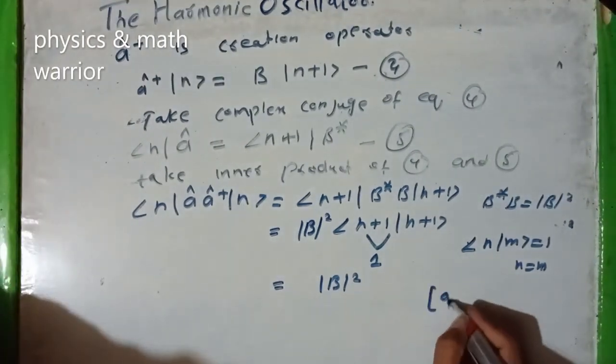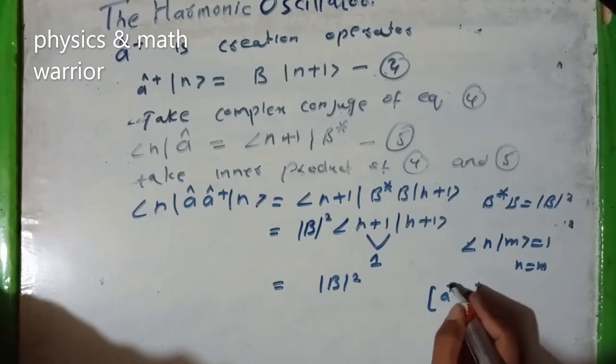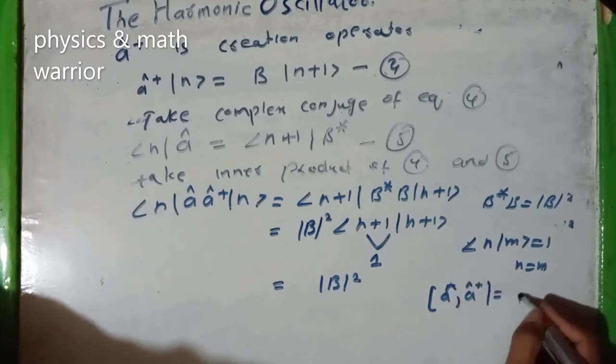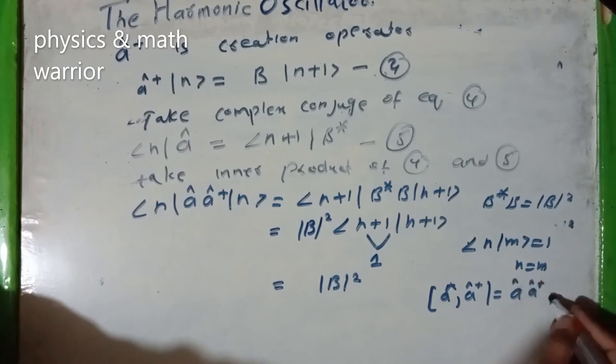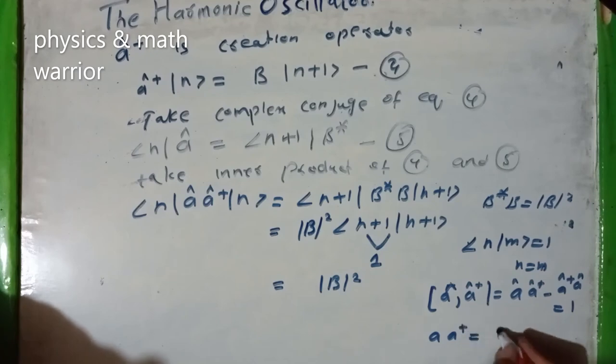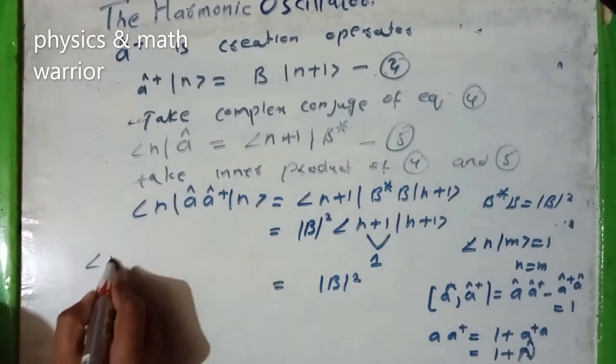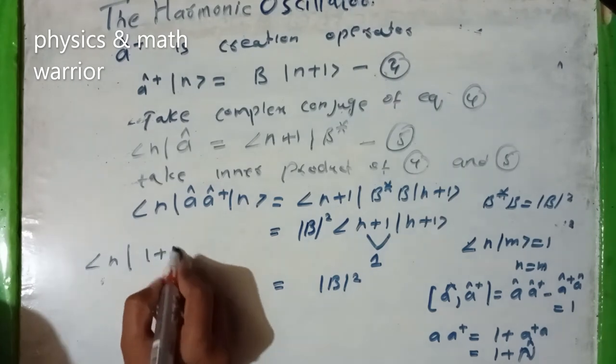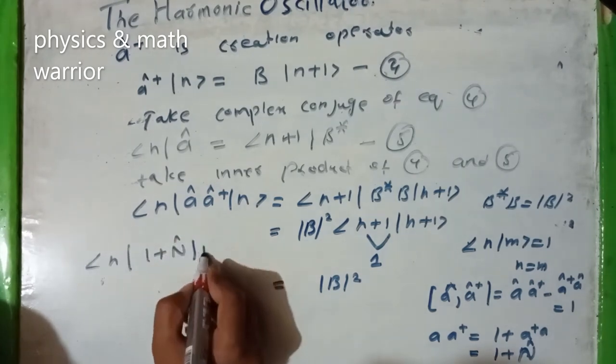Since commutator of a and a dagger is equal to a a dagger minus a dagger a, which is equal to 1, a a dagger is equal to 1 plus a dagger a, and a dagger a is equal to n. So this becomes 1 plus n operator. So this term is equal to n, 1 plus n operator, n.